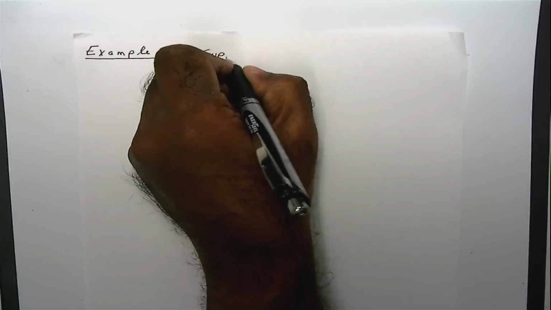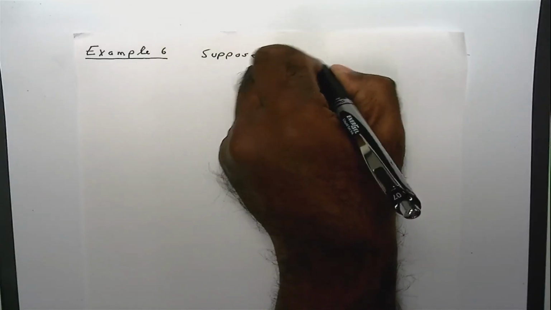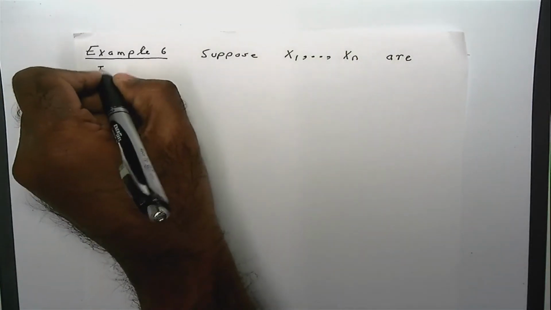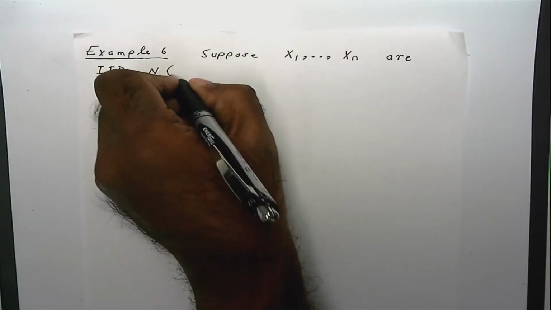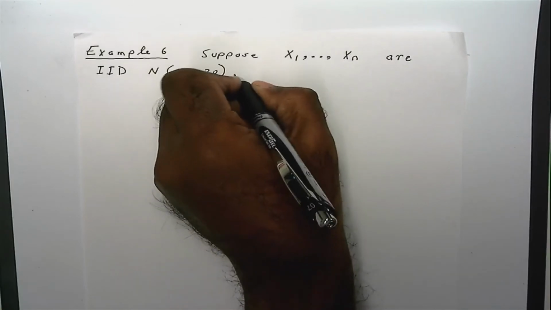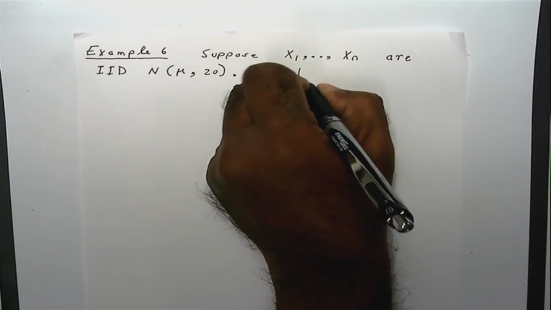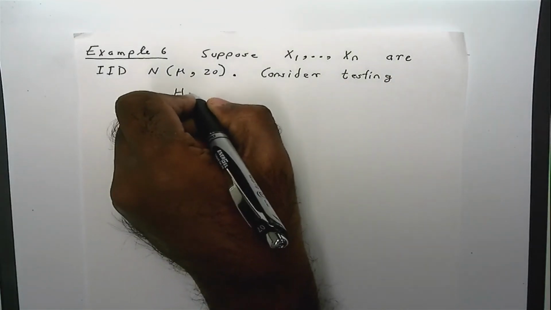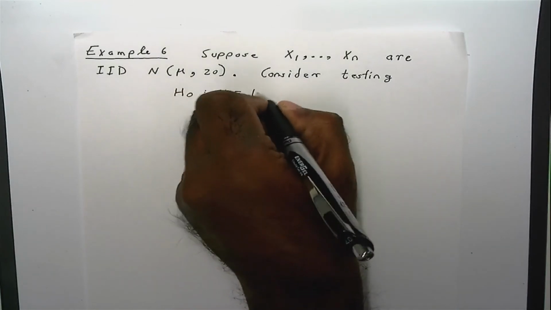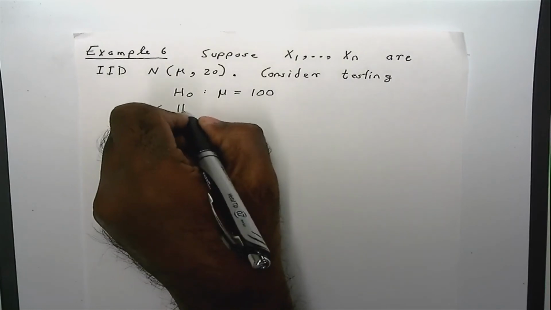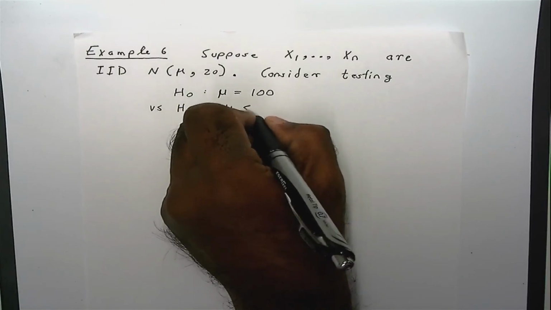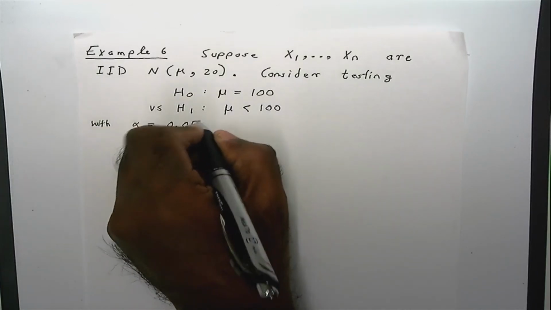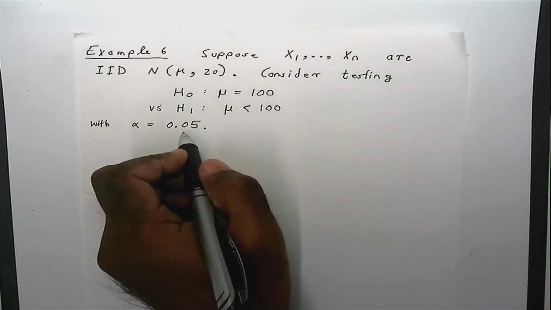Suppose... consider testing this versus this with alpha equal to 0.05.